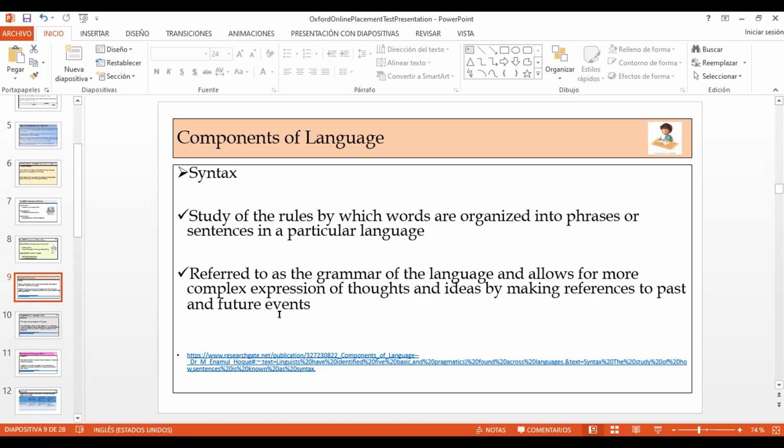And we also learn about the verb tenses, the past, the future, different kinds of aspects, and all of those elements of grammar that you have some idea of, even though you have not studied them formally.